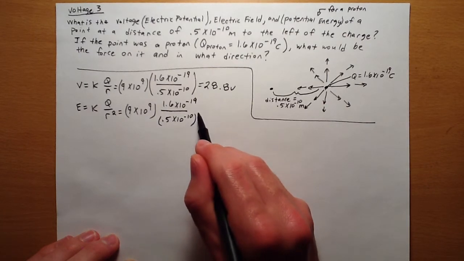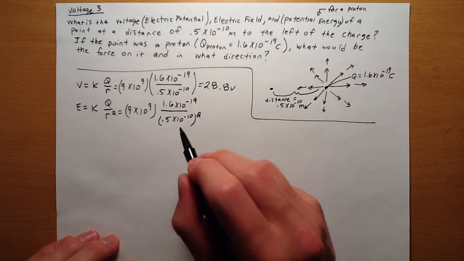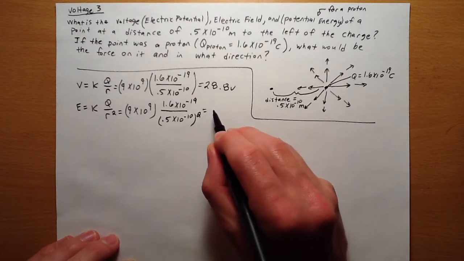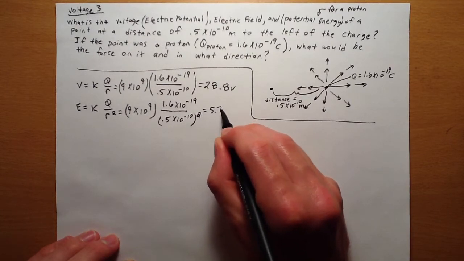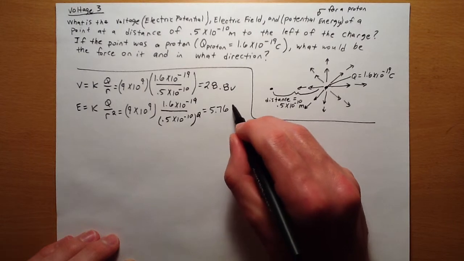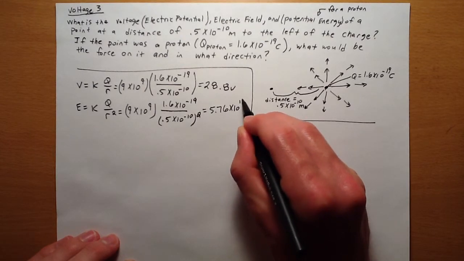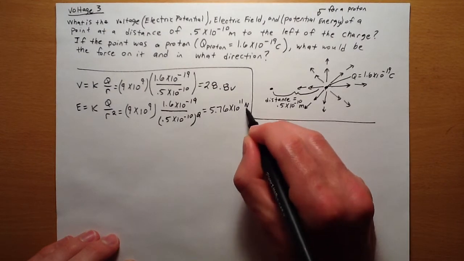And we square this. And we get an answer of 5.76 times 10 to the power of 11 newtons per coulomb.